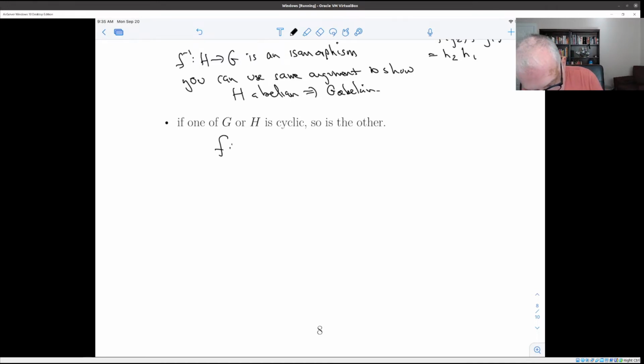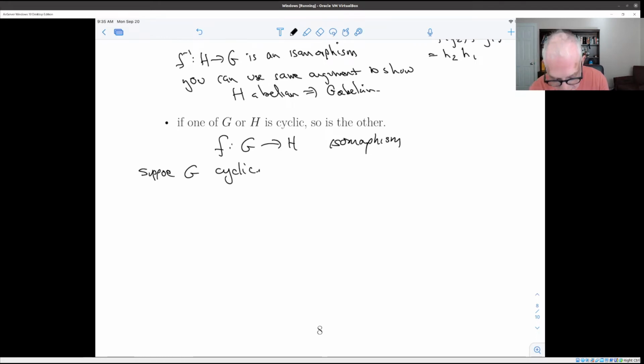So F is a map from G to H. Let's suppose it was an isomorphism, and we suppose that G is cyclic. Well, what this means is that G is generated by some element little g, and every element of G is some power of little g.